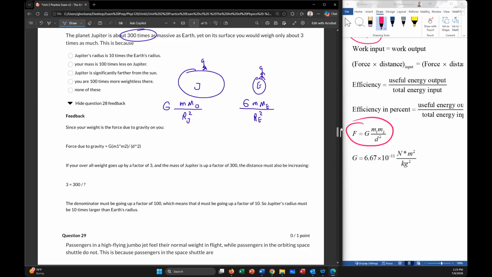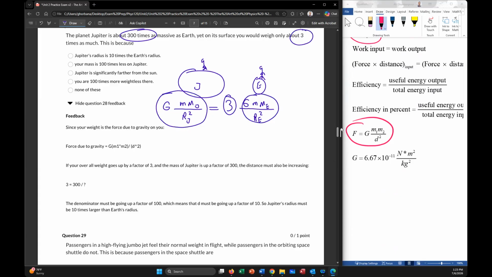It means that this is equal to 3 times of this. Good? I just converted it to the mathematical equation. Your weight on Jupiter is 3 times your weight on the Earth.